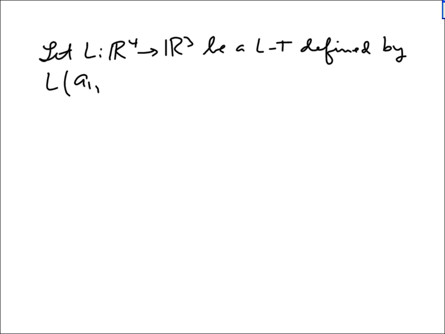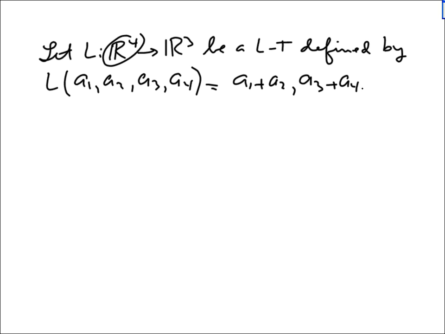L of (A1, A2, A3, A4), which is something in R4, is equal to (A1 plus A2, A3 plus A4, A1 plus A3).